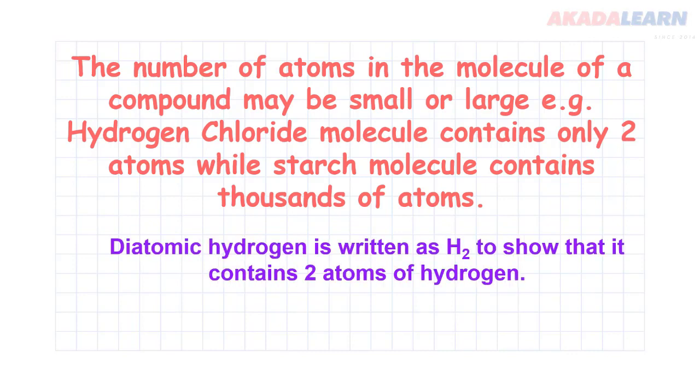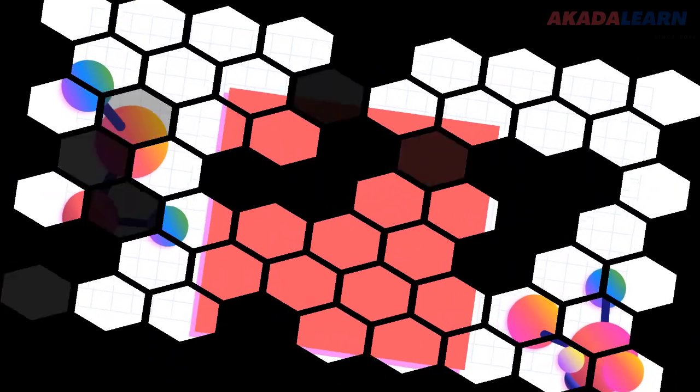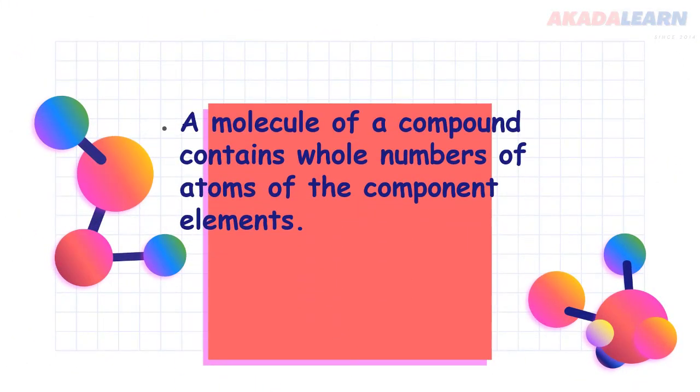Diatomic hydrogen is written as H2 to show that it contains 2 atoms of hydrogen per molecule. A molecule of a compound contains whole numbers of atoms of the component elements, that is, no fractions.